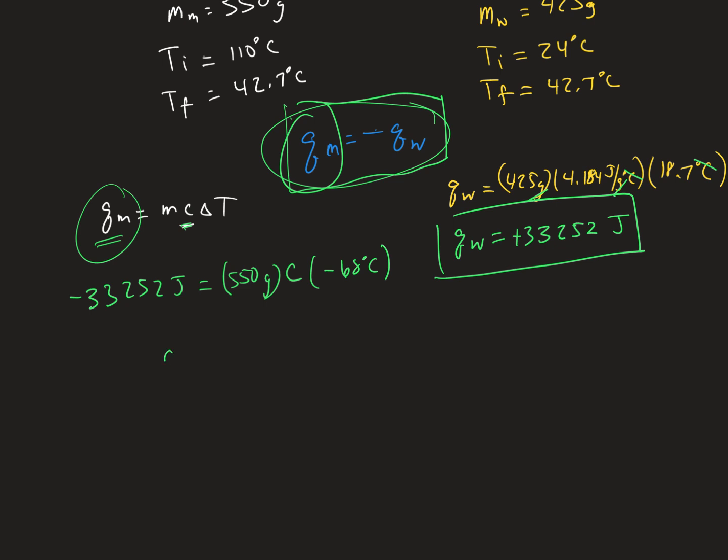And I'm going to get my specific heat capacity of the metal is 0.889. Oh, see, what are the units? What cancels? Nothing cancels. Grams and degrees Celsius under joules, so joules per gram degrees Celsius.